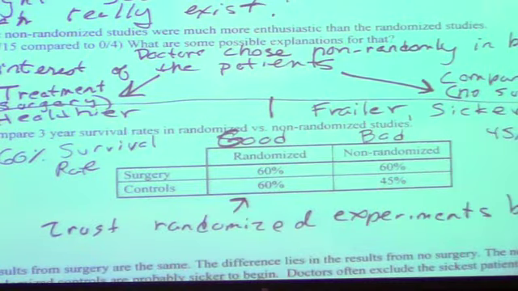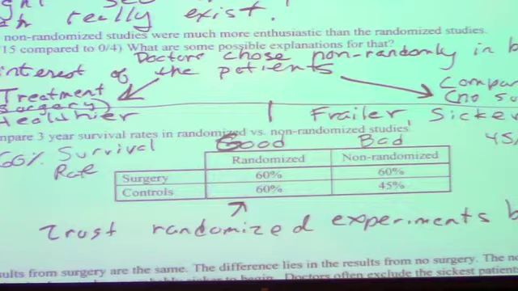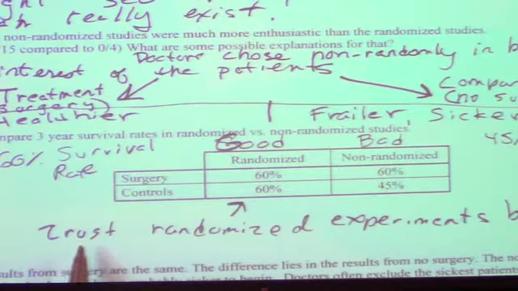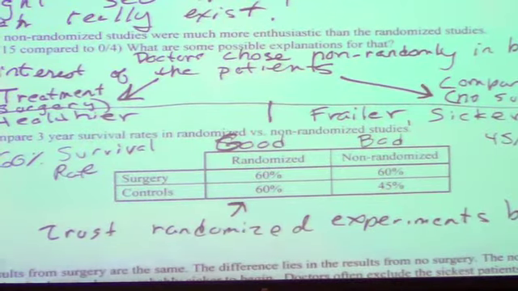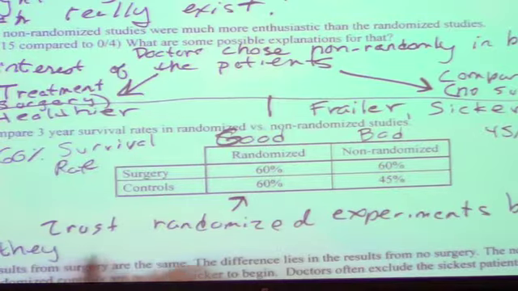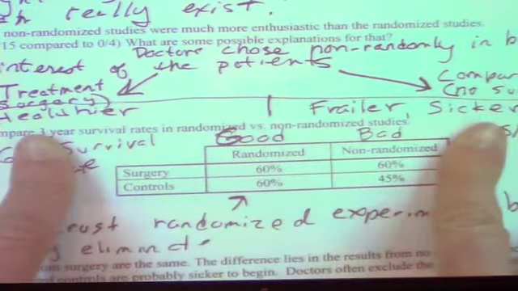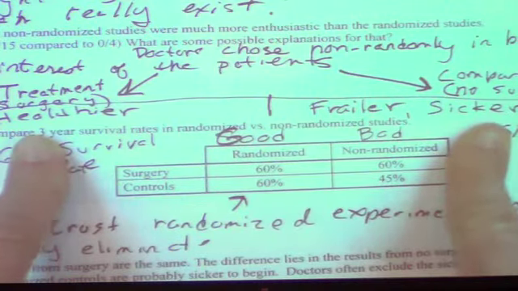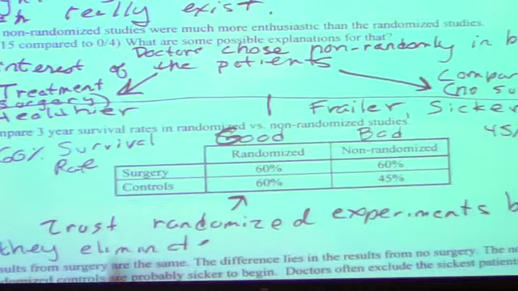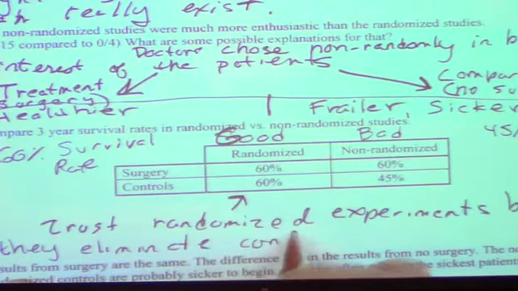Because there were no other differences between the two groups except the surgery. We didn't put a healthier population versus a sicker population. We eliminated all those differences, which are called confounders. So we trust the randomized experiments because they eliminate confounders. These are confounders, differences that arise through non-random assignment into treatment and control groups.